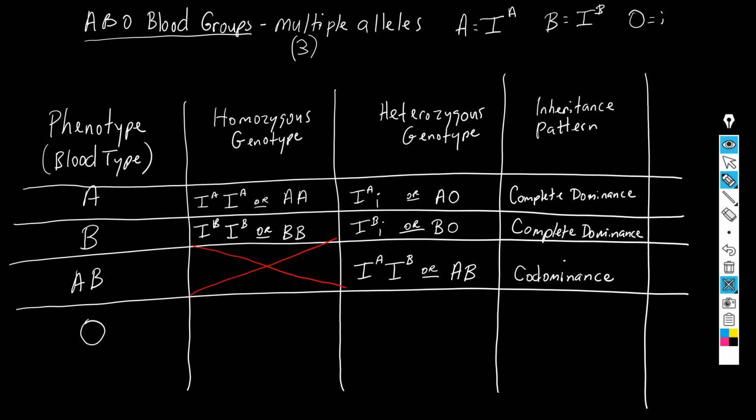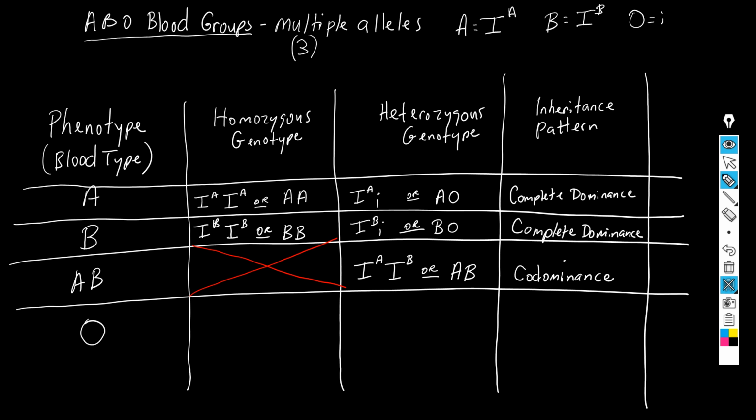The same is true here. If you have an allele for type A and an allele for type B, you have type AB blood because they are represented in the phenotype equally. And we'll look later on at what exactly that means and how that translates into the types of proteins that are produced and displayed on those red blood cells.